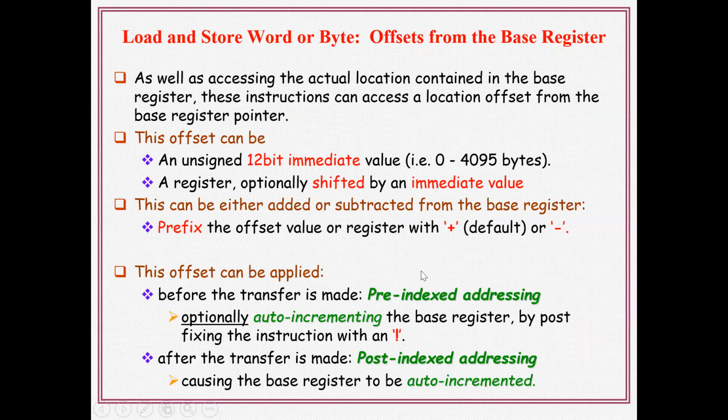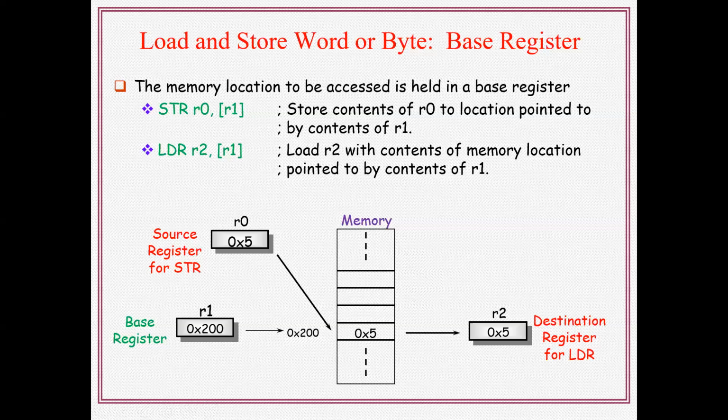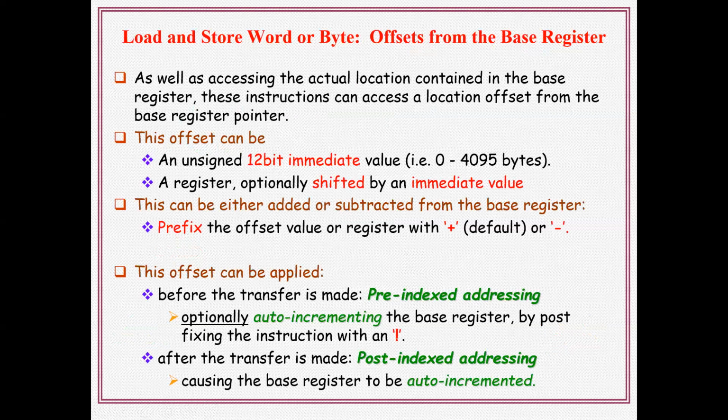Load and store word or byte with offsets from the base register. In the previous case we used only the base register, now offsets from the base register. As well as accessing the actual location contained in the base register, this instruction can access a location offset from the base register pointer.